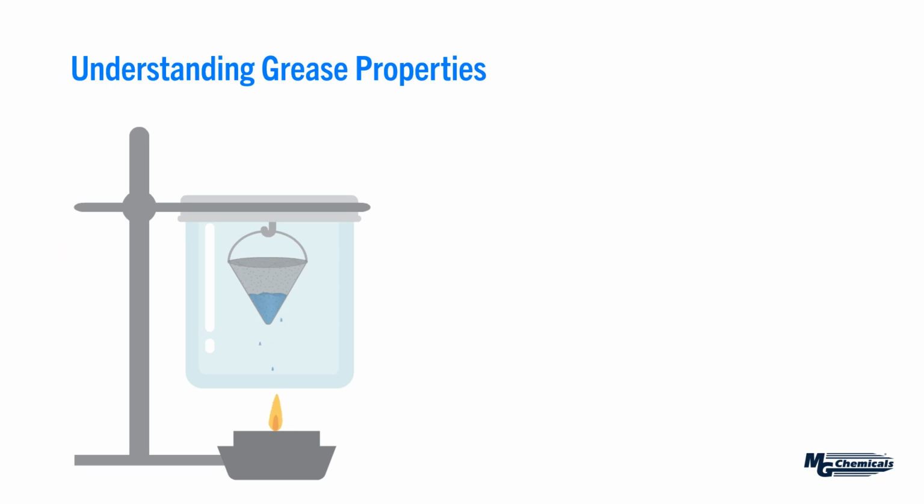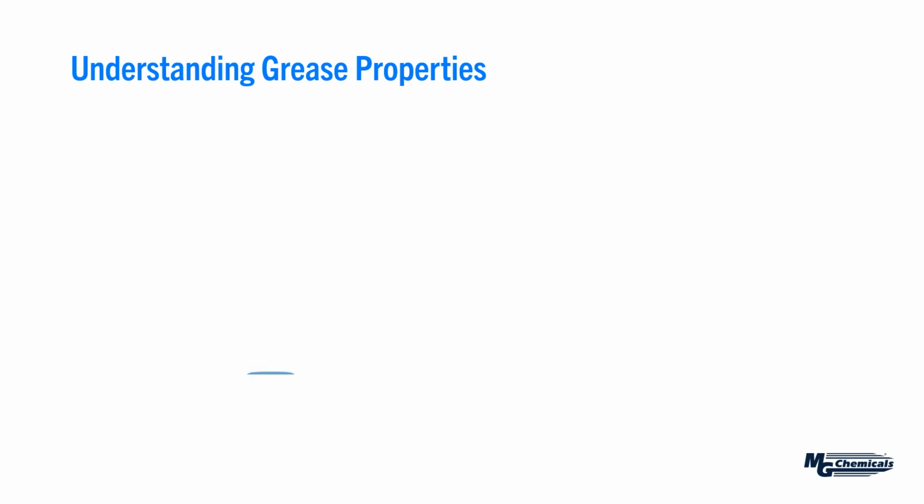The first one we want to talk about is the oil separation, okay? The oil separation is simply a test as to how much oil is going to separate if you subject that grease to a given temperature for a given amount of time. On our TDS, we will actually specify in the footnote how we perform this test, what temperature we performed it at, and what was the time in which we ran the test.